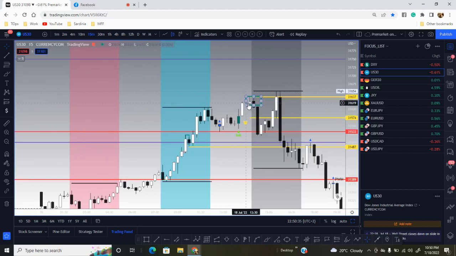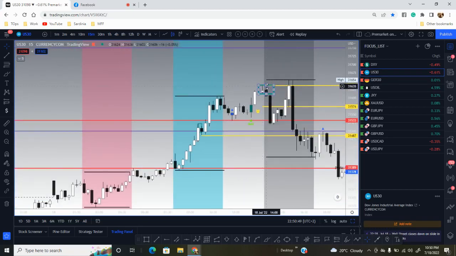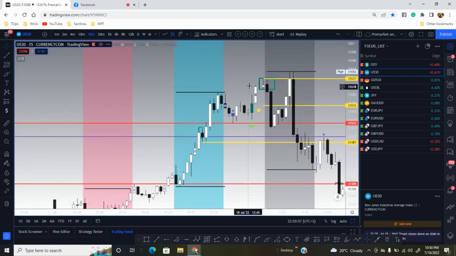So actually I was already looking to short this US 30 right at this green candle. So ito yung pinaka third push, 1, 2, and 3. And I know that the US 30 nagkaroon na ng engulfing bearish candle, but hindi ko yan sinort agad.